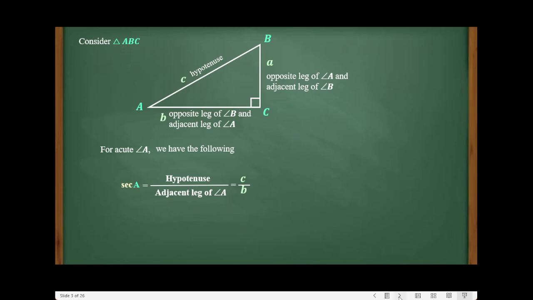And the next one, which is the last trigonometric ratio, is actually the cosecant of A. In abbreviation, that is CSC, while the secant is abbreviated as SEC.